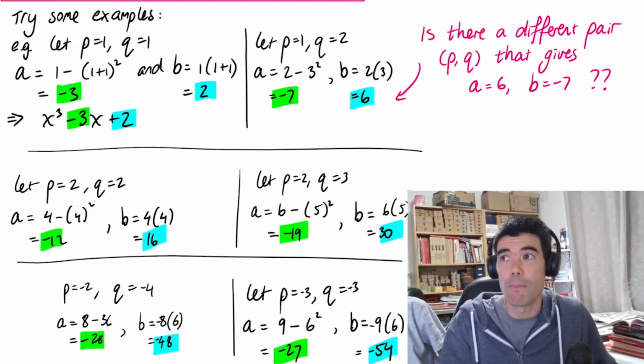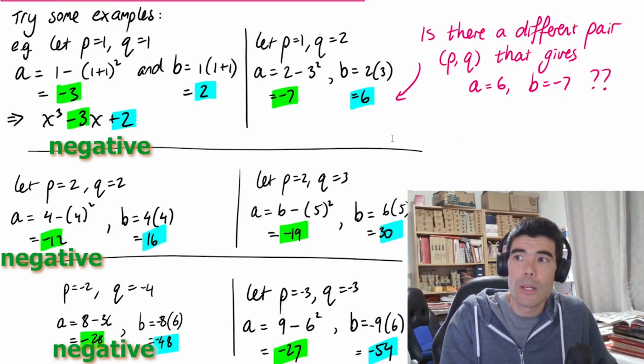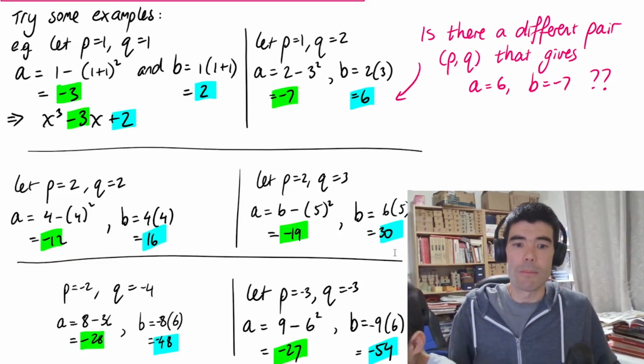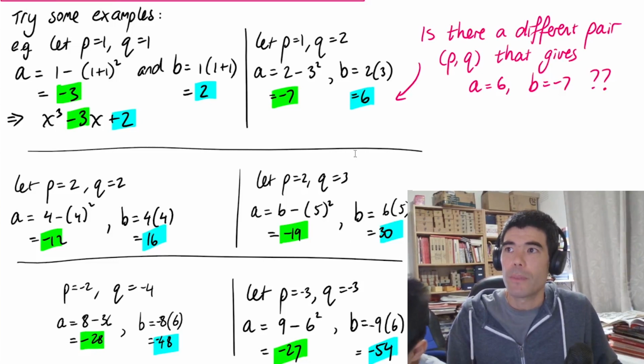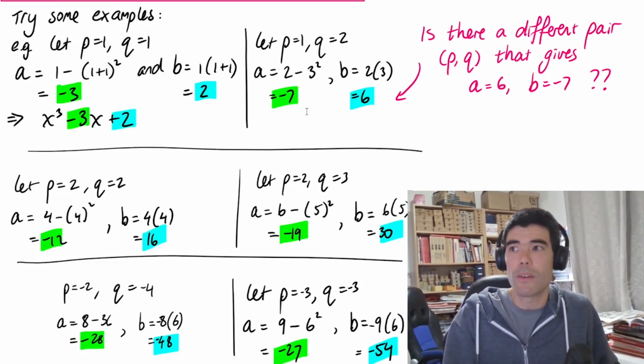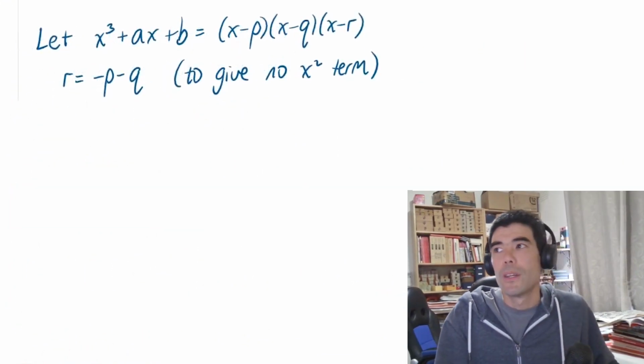So you might notice something about the signs of a and b. What I noticed was b always tends to be larger. As p and q get larger, the size of b is getting much larger than the size of a. And only in the case where p is 1 is the size of b less than the size of a. So let's try and formalize this and then complete a proof.